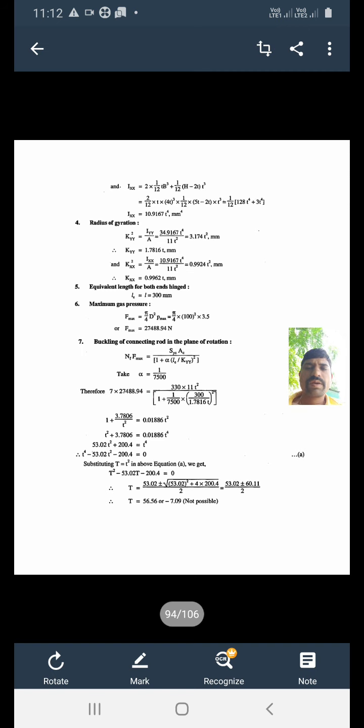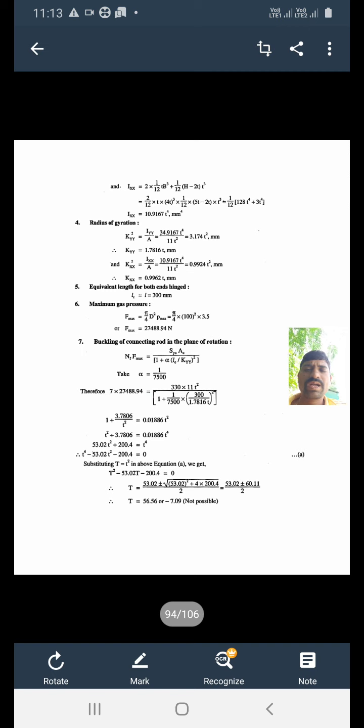Then buckling of the connecting rod in the plane of rotation. We know that Fmax is equal to SYC into AC divided by 1 plus alpha into the square bracket of LE divided by KYY, squared. Take alpha is equal to 1 divided by 7500. Alpha is the Rankine constant we have seen in buckling of columns in second year.